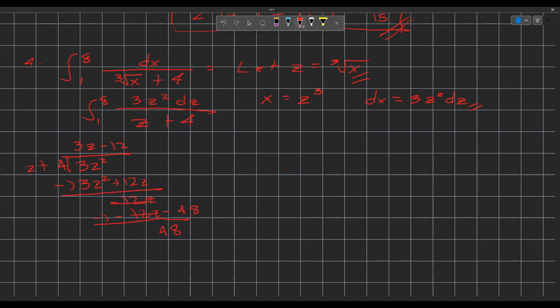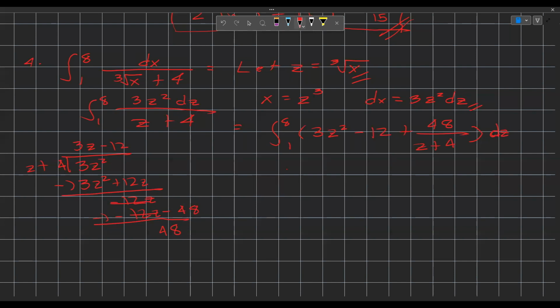So we have to write the integral from 1 to 8. This will now become 3z minus 12 plus 48 over z plus 4. When we write it like that, it will become easier to integrate.